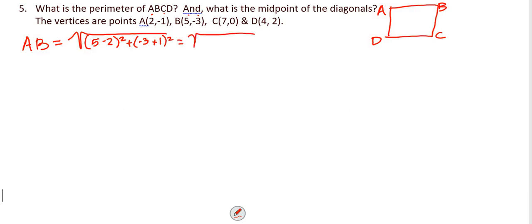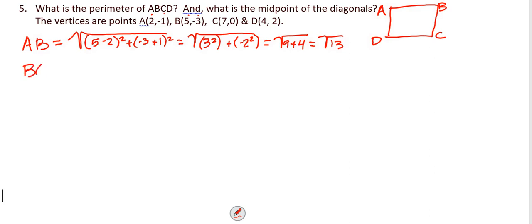I'm going to then simplify that. So I get 3 squared plus a -2 squared. And remember, anytime you square a number, it becomes positive. So this is going to end up being the square root of 9 plus 4, which is equal to the square root of 13. And I'm just going to leave it like that for now till I find them all. And then we can decide what we want to do with them.